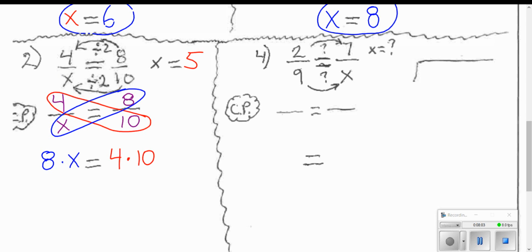Now I want to get rid of the 8. So what I'll do is divide by 8, because 8 divided by 8 is 1. And that just leaves us with x. On the other side, you still need to divide by 8.